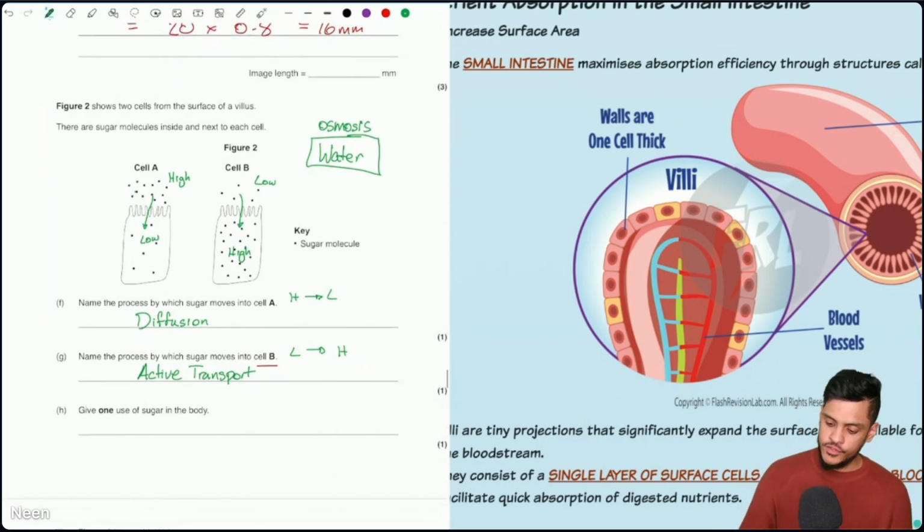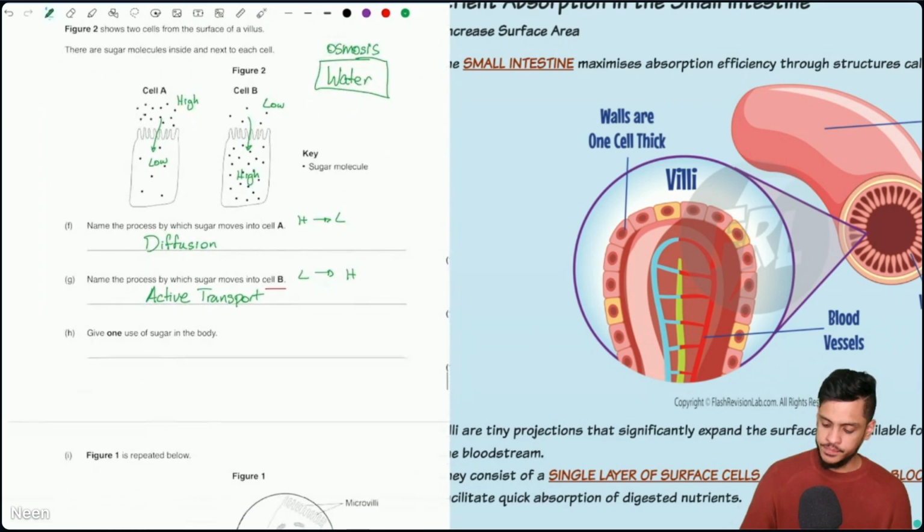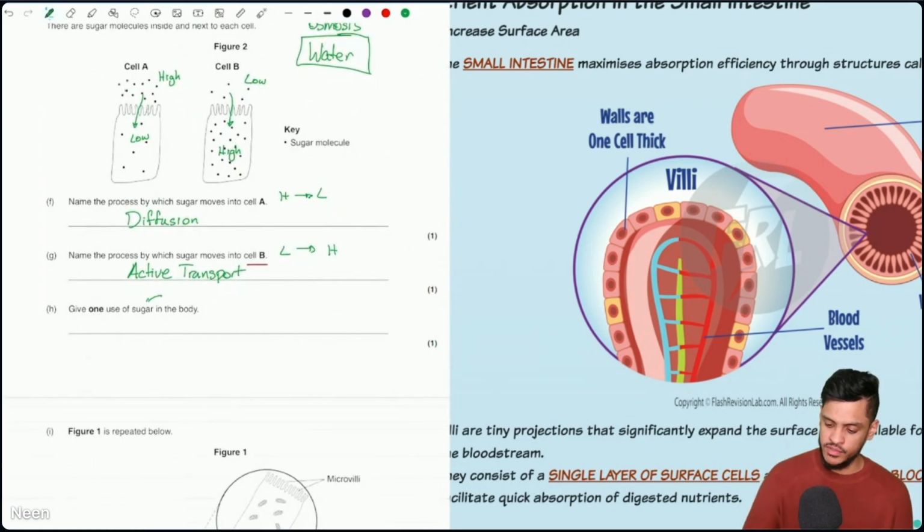Give one use of sugar in the body. Sugar is basically glucose. What could you say? One use of glucose. We use it for energy. So yeah, for respiration.